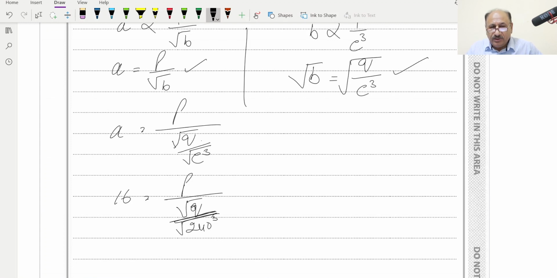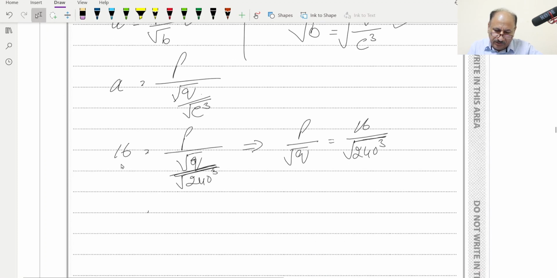So this will be our equation. Now we can shift this lower portion to the other side. So this implies p over the square root of q is equal to 16 over the square root of 240 cubed. Now we got this equation, which we will be utilizing for our next purpose.